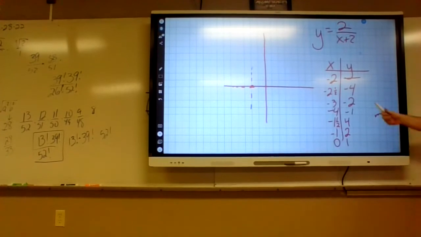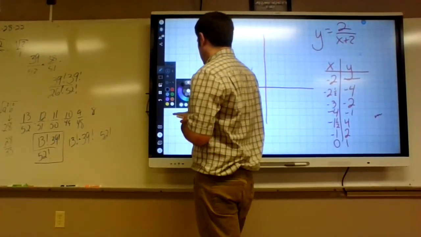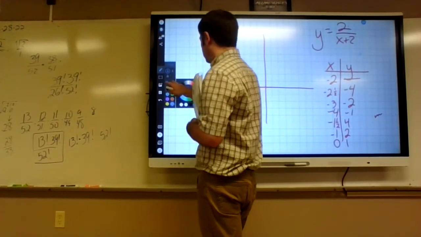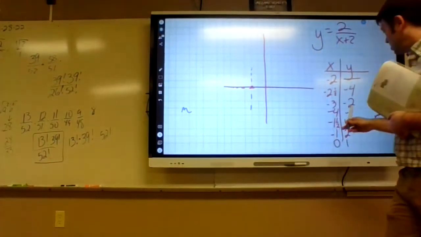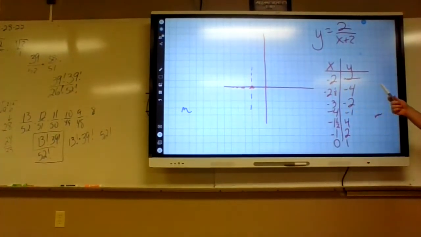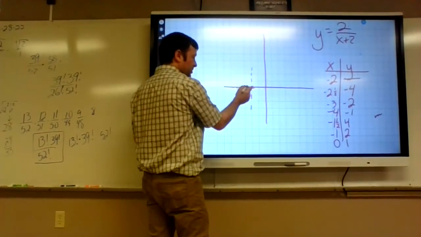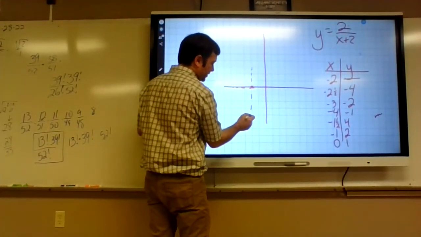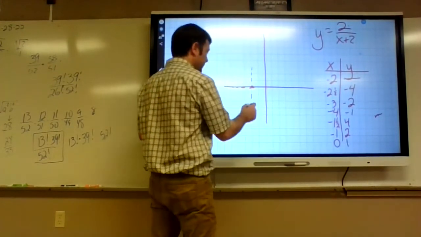And then we graph. Let's go a different color so it shows up better. Brown. No. Wow. Yes. Negative. -2.5, -4. Okay, that would be -2.5, -4 right there. -3, -2.